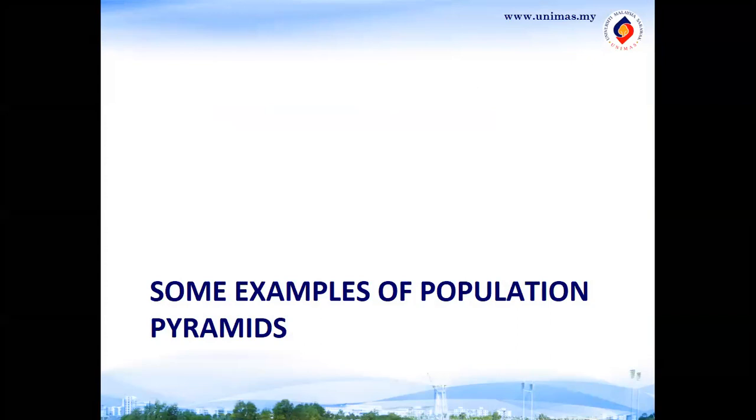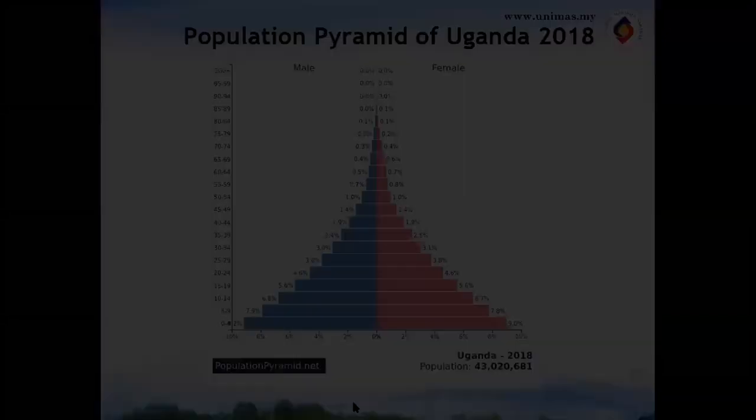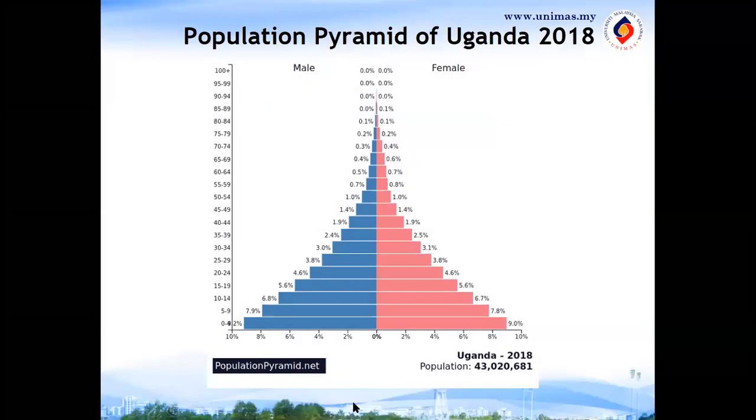Some examples of population pyramids, just to see the variations. For example, this one, Uganda, in Africa. This is in 2018. Not much change, even in 2020, I think the shape is about the same. Very broad base and then very narrow as you go up to the top.